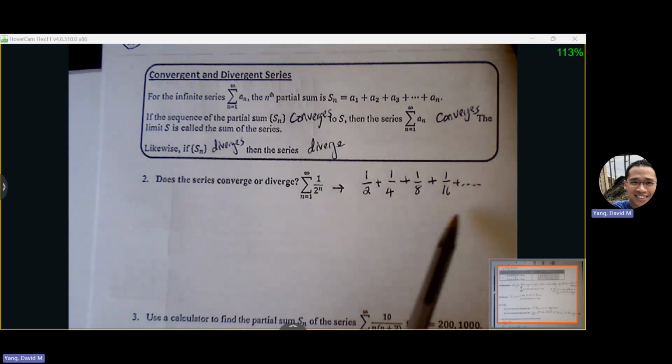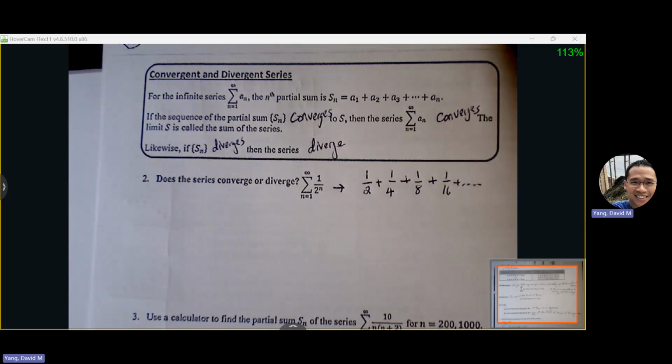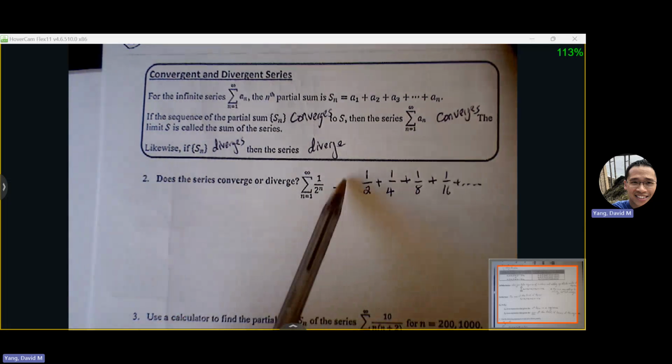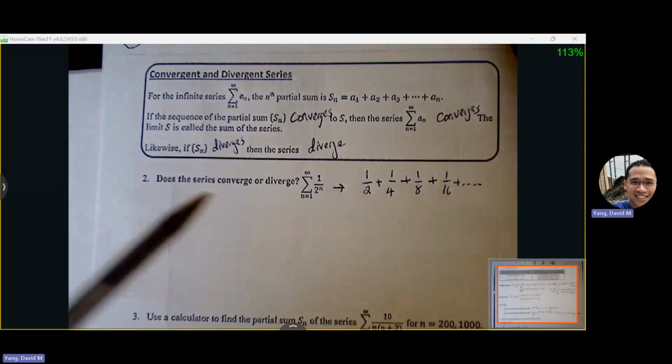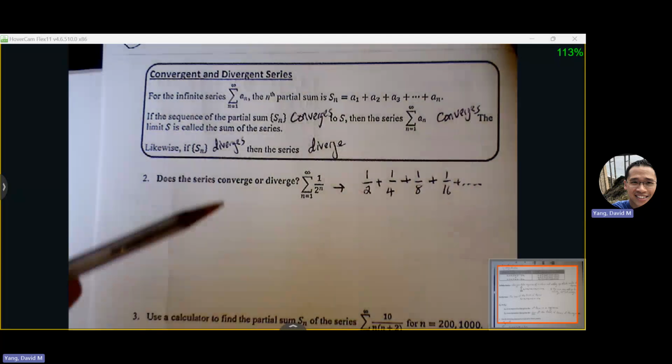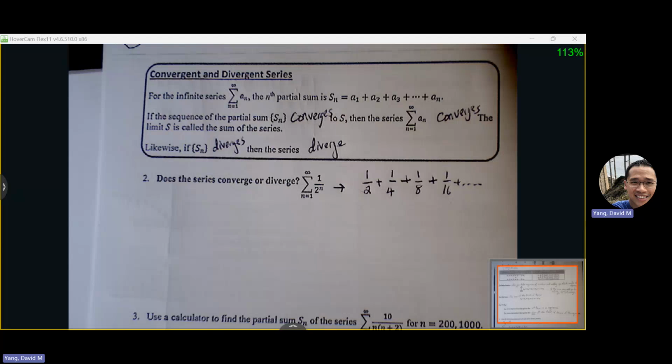If we're continuing to add these numbers up, is it going to converge to a number or diverge? A way to test this is looking at the pattern of the partial sums and seeing, does the partial sum look to head towards a specific number?